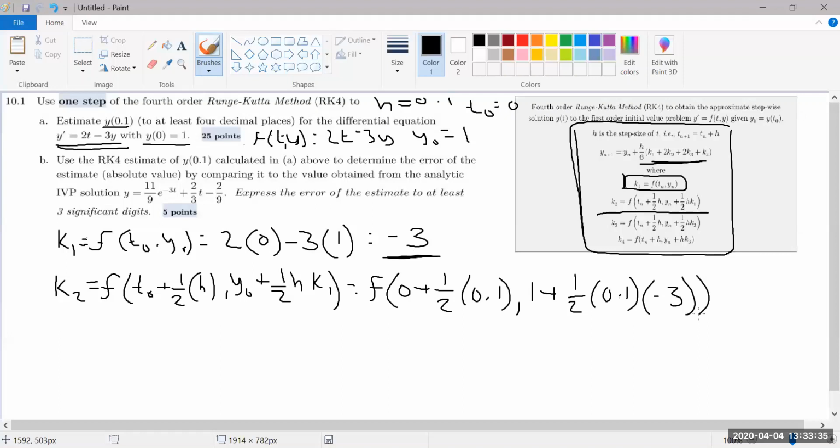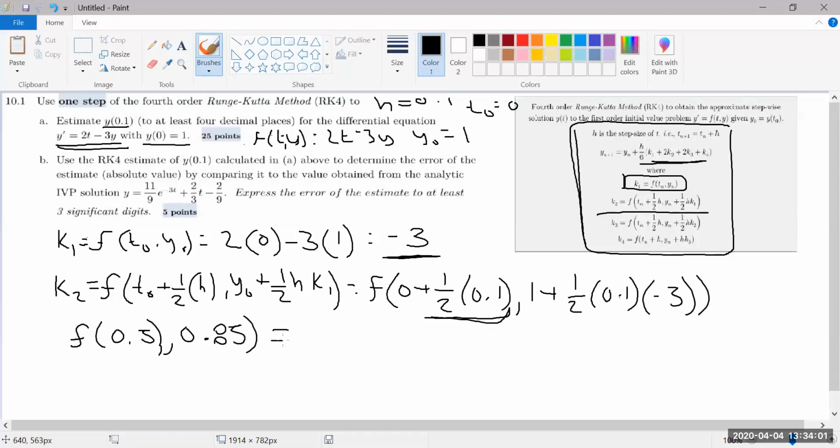And when you work that out, you're going to get a function evaluated at 0.05 for the 1/2 here, and then comma 0.85.